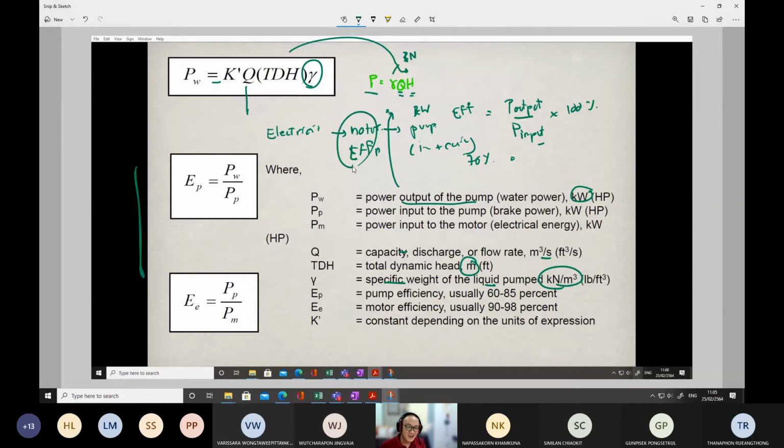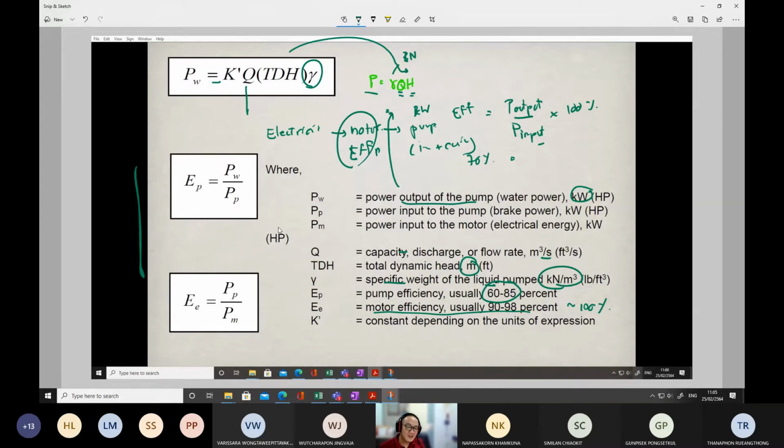But anyway, for the motors, normally the motor's efficiency is quite high. It's actually near 100%. But from the motor to the pump, the efficiency actually varies from 60% to 85%, like I showed you in the previous slide.